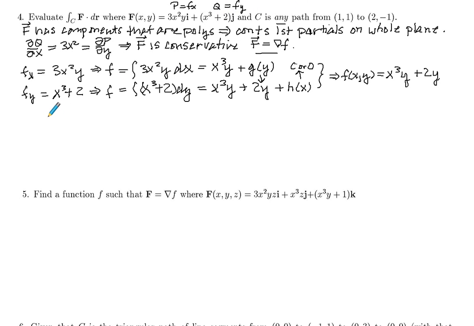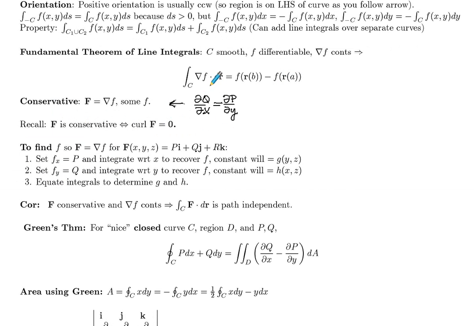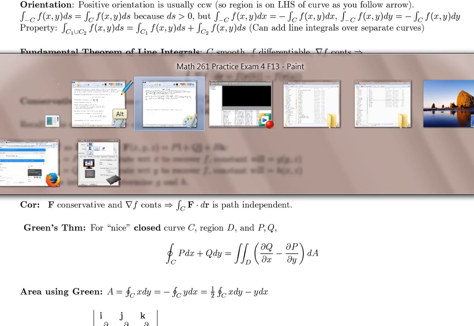So now we can use the fundamental theorem of line integrals, because our vector field F is the gradient of f for this function f. So what's the fundamental theorem say? It says if you're integrating the gradient of f dot dr, that's f at the ending point of the curve minus f at the beginning point of the curve.